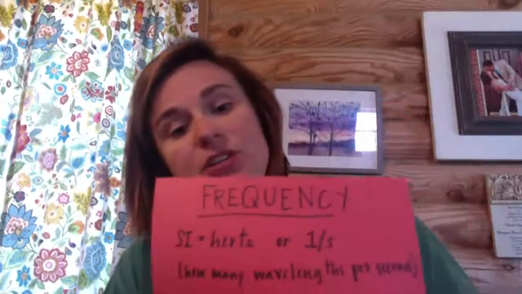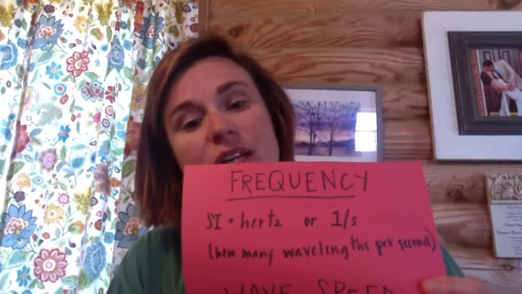So let's talk about frequency. Like I said, frequency is how many of those wavelengths are going to pass by. It's how frequently you see those waves. Frequency is always going to be measured in hertz, H-E-R-T-Z.